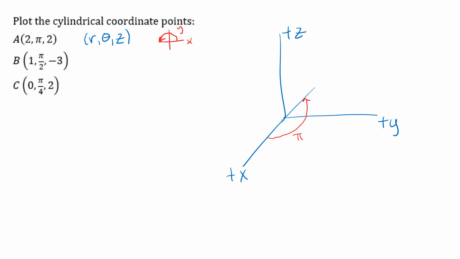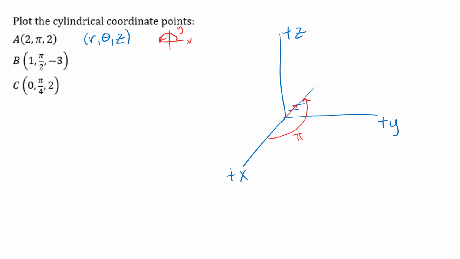And then from there, I want to think about along that axis going out 2 units. So I need some sort of scale here. On that axis, I'm going to go out 2 units. So in the xy plane, I rotate around pi and then go out 2 units. I'm here on the negative part of the x-axis at negative 2 units on the back end of the x-axis.